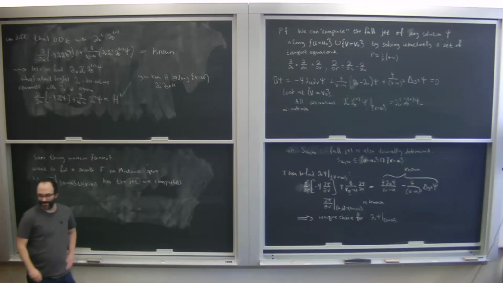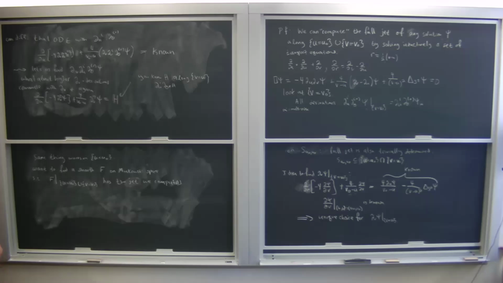So this is a question of you have a bunch of functions corresponding to derivatives on some set. What do you mean by has the jet? So I computed what psi, we haven't found psi. All of this is: if psi exists, then all these derivatives are determined.